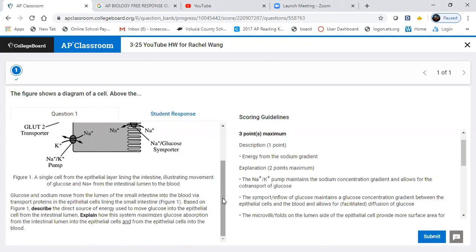Based on the figure, describe the direct source of energy used to move glucose into the epithelial cell from the intestinal lumen.